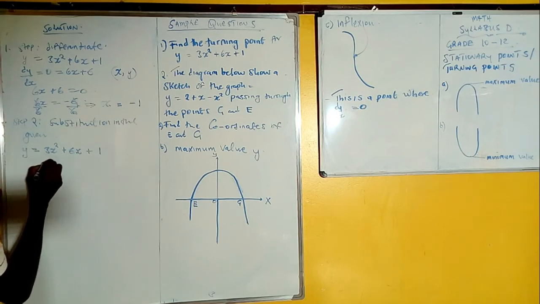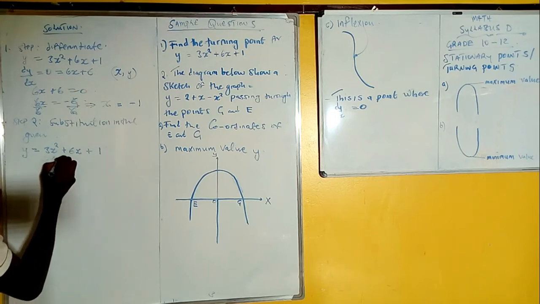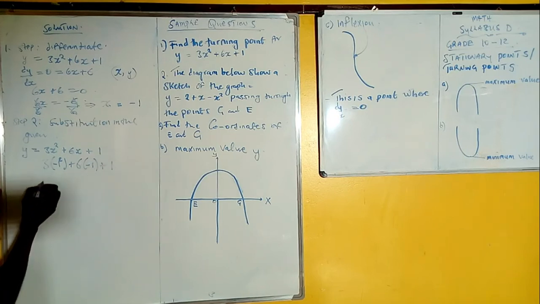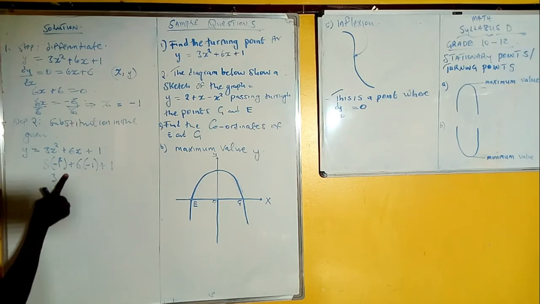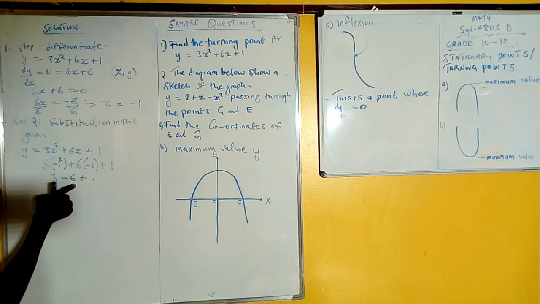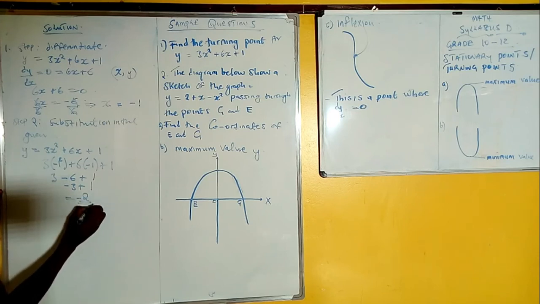This will be 3 times negative 1 squared, plus 6 times negative 1, plus 1. Negative 1 squared is 1, times 3 is 3. Then plus and negative gives negative 6, plus 1. So 3 minus 6 is negative 3, plus 1, and our answer will be equal to negative 2.